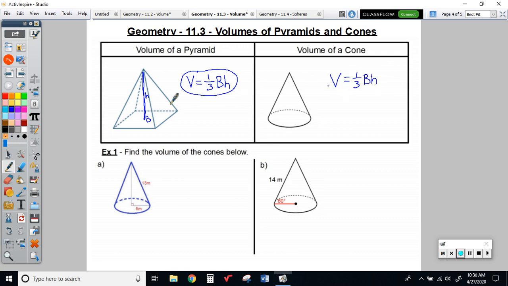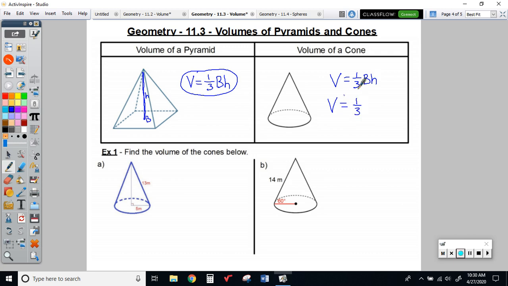A cone is really just a pyramid with a circular base, or a polygonal base in a sense of infinite sides. So the formula is the same, just as it was for surface area, comparing cones to pyramids. Essentially the same formula.